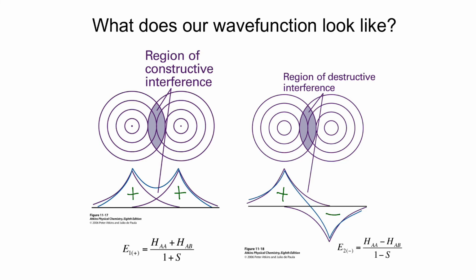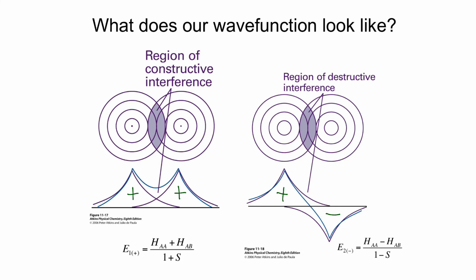Okay, so if we look at these two wave functions overlapping with one another, we see that there's very little overlap, very little constructive interference. In fact, there's no constructive interference in this case between these two functions.